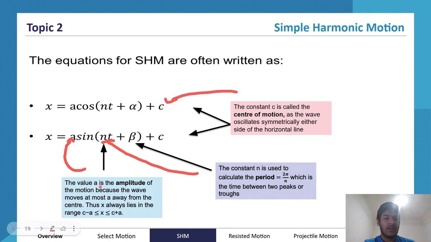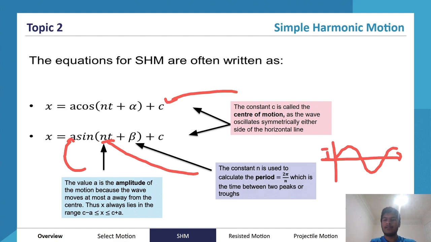Okay, so the value a is the amplitude of the motion because it measures how far the motion moves away from the center by a. So again, if this was our graph, our amplitude is just this distance here from the center to the peak. Now, if the center is shifted up or down, it's still the distance from the center to the peak, not necessarily from 0 to the peak. And so that's going to be a.